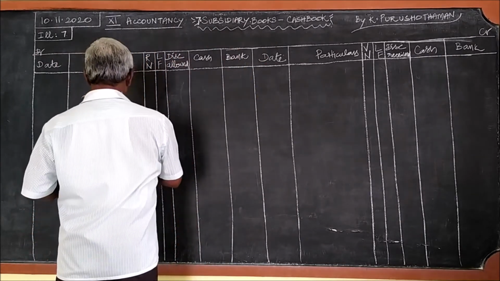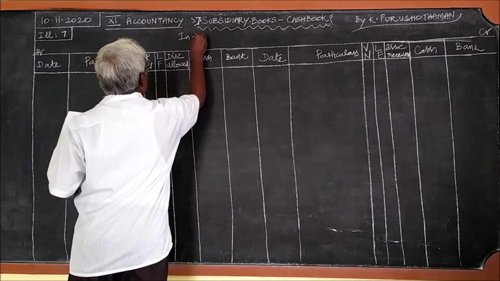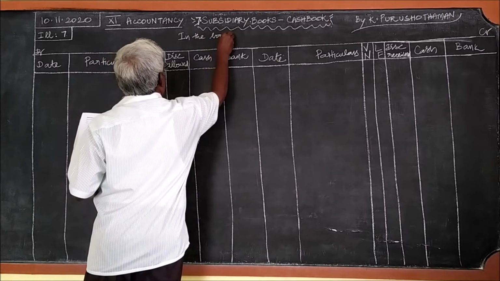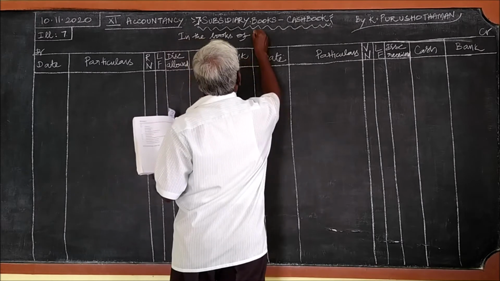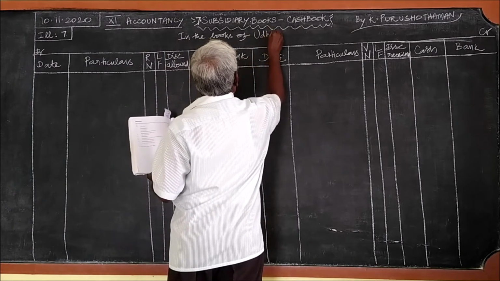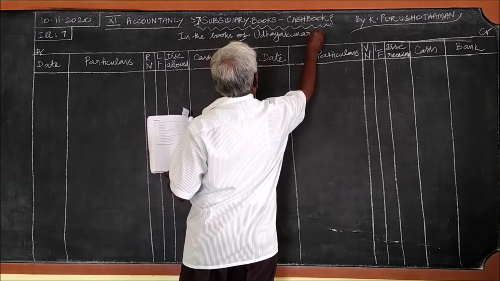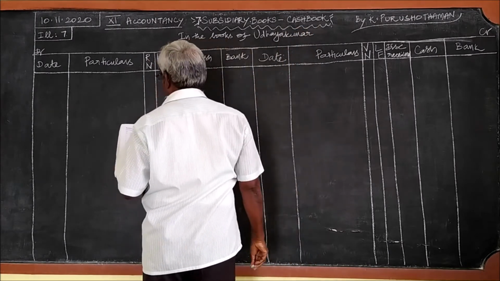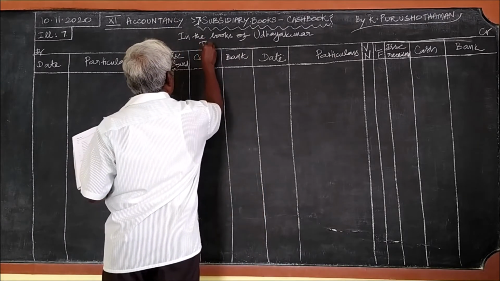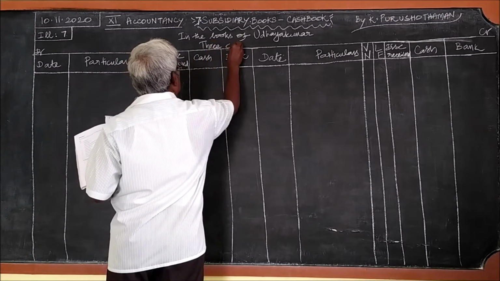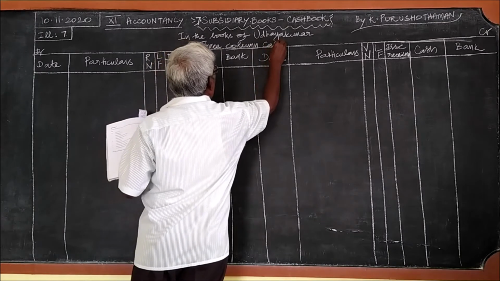This is in the books of Uday Kumar, the 3-column cash book.